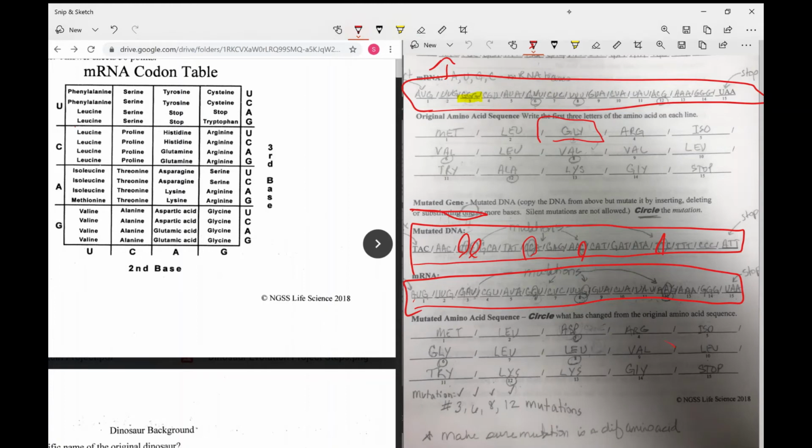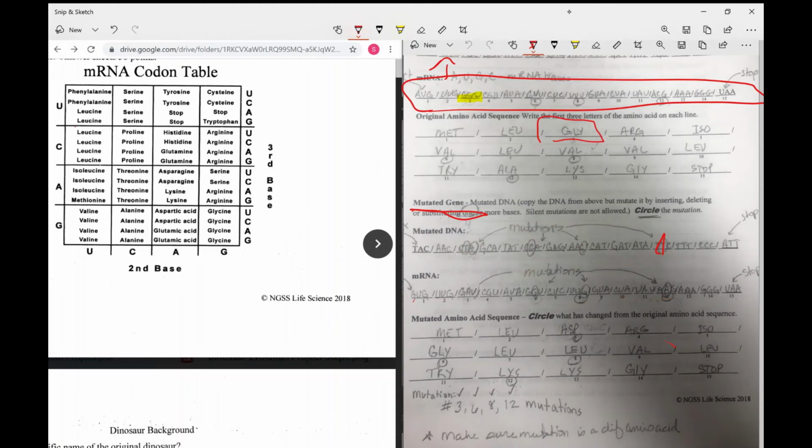So if my change was, let me erase this here. Actually, I think I didn't circle a couple of my mutations. I had them circled, it looks like. So I have these 2 that changed. That one, and there, and there, and there, and there. So I have 2, 4, 5. So if I look at the number underneath here, it's going to tell me exactly where I need to change those mutations down here in my amino acids.